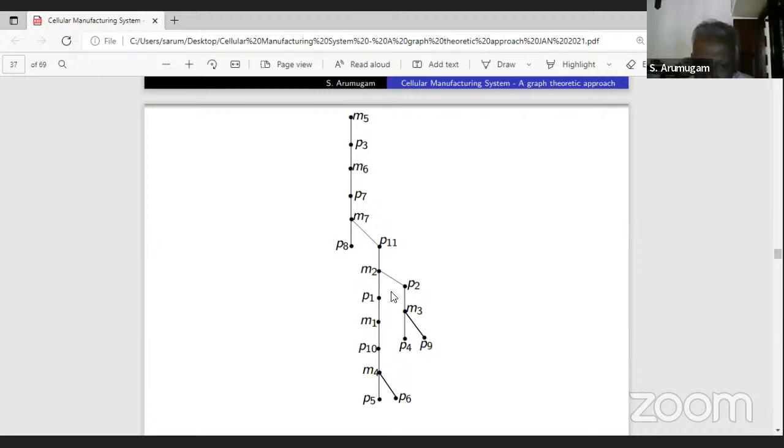See, I will not remove M7P8, for example. That also will make the graph disconnected, but one component will be just a single point, which is not permitted. I want non-trivial components. So I have to remove an internal edge of the tree, not a pendant edge. Remove a suitable internal edge of the spanning tree.